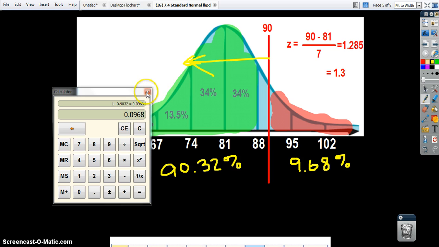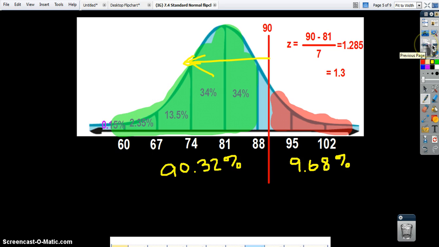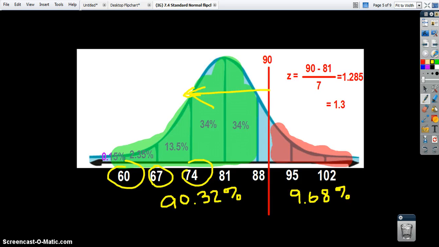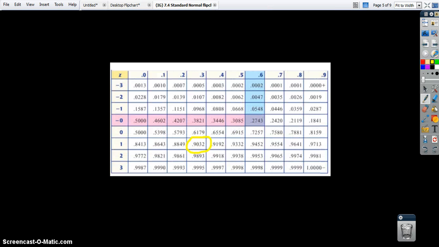So again, if the number you're looking for does not fall neatly into these numbers that we get from the standard deviation, you have to use this formula and then take whatever number you get, go to this table, and this table will tell you the probability of everything to the left of your number.